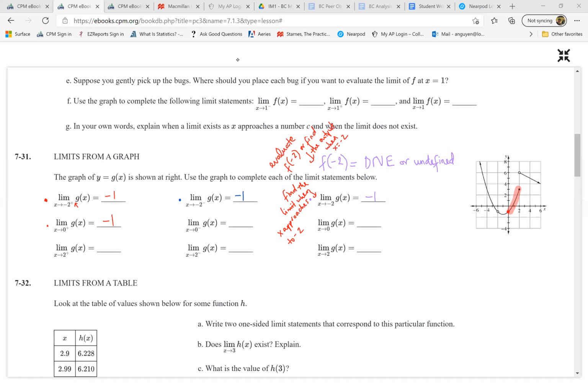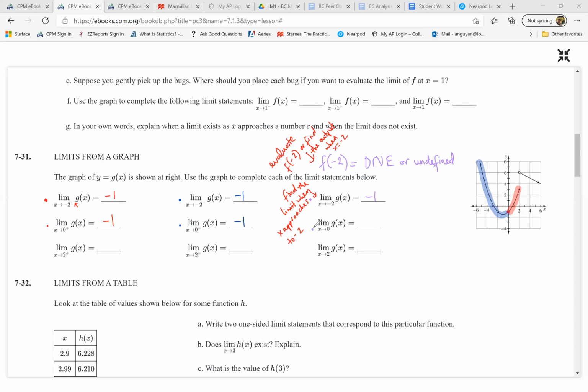Okay, on the left side, right here on the left side. Where's the limit? Thank you, Saskia. Still -1, right? Okay, thank you guys. And we're doing the next part.